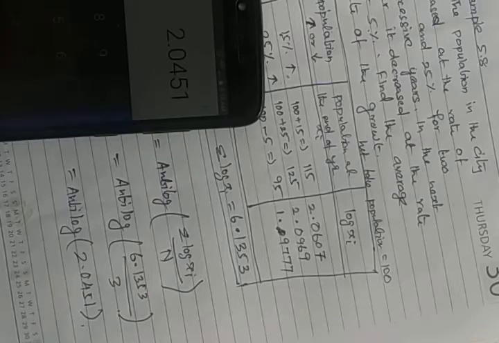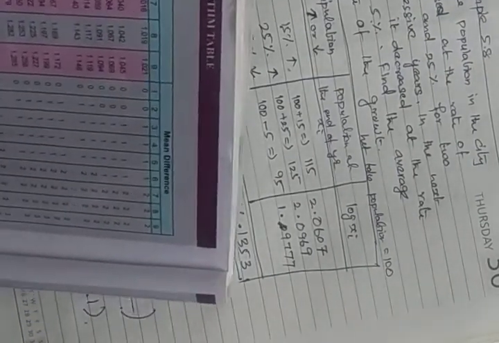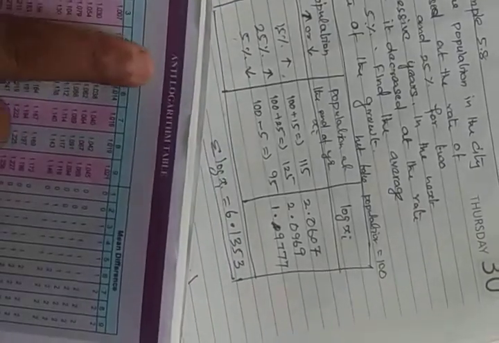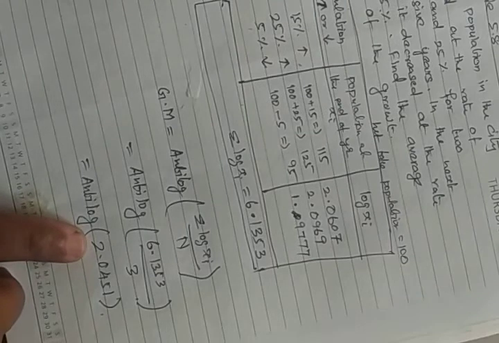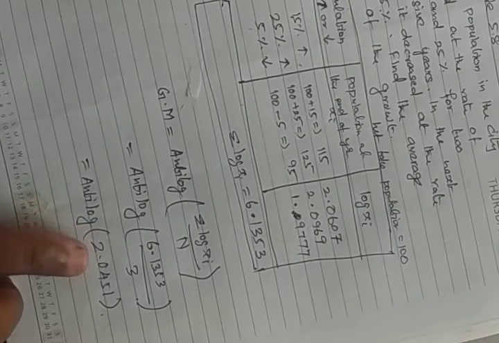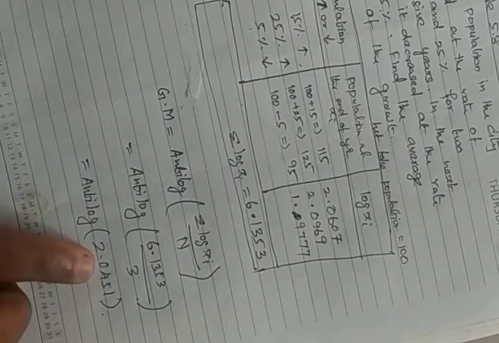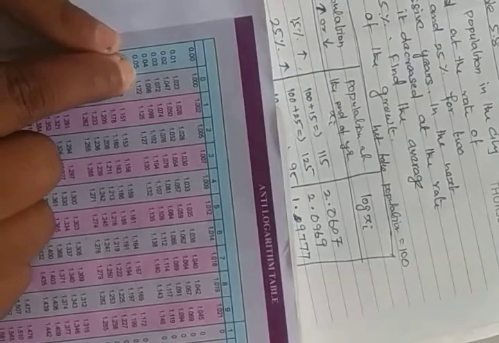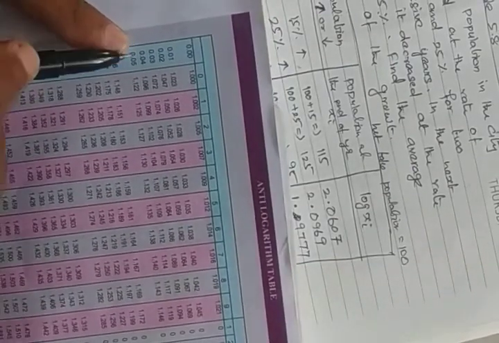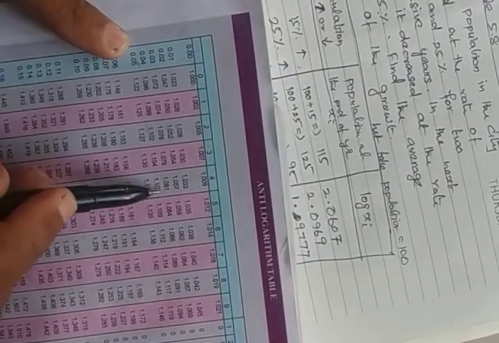So now we need to calculate that one. We have to take the antilogarithm. Let's take the antilogarithm. So now what's the value? The 2 you leave, that is the characteristic. Now 0451. For 045 you check. In 045, 04 and then 5.